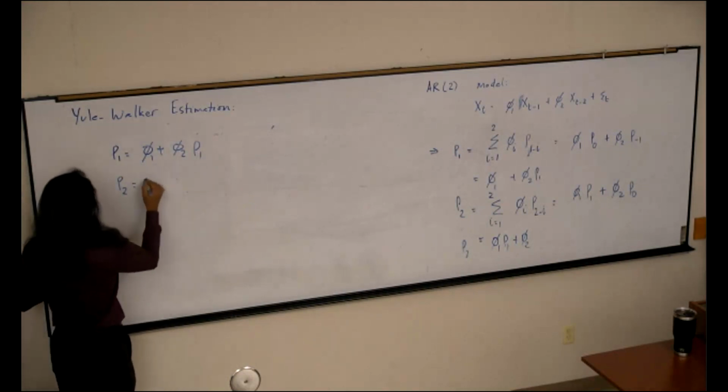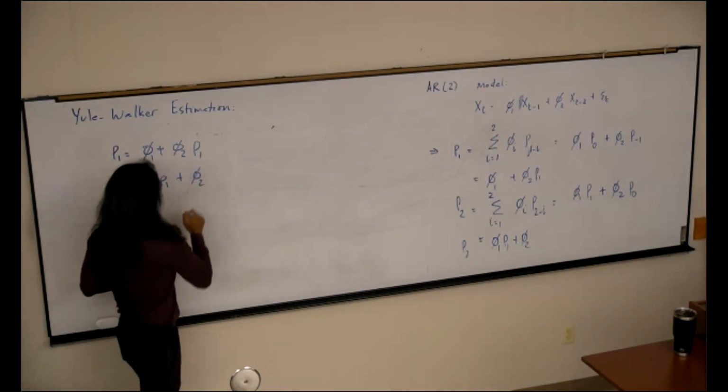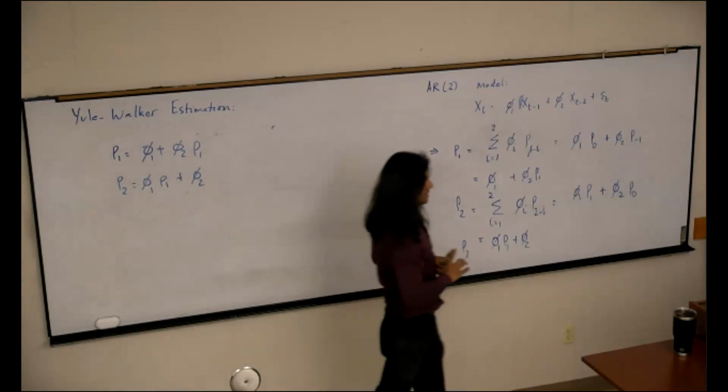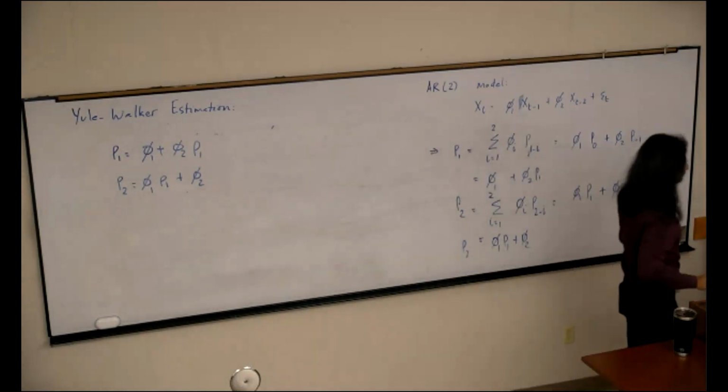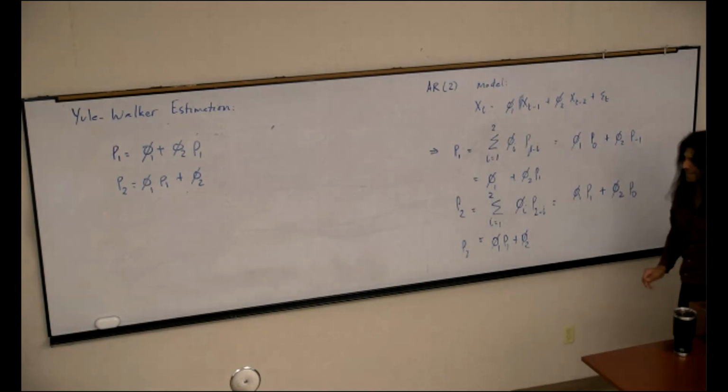Rho 2 is phi1 rho 1 plus phi2. That is a linear system of equations. I can do algebra and solve, but there has to be an easier way, right? What is the easier way? Using a matrix.